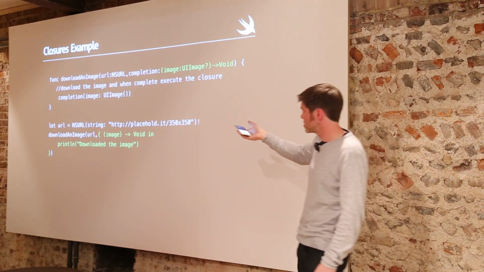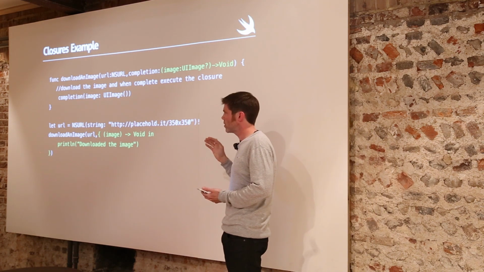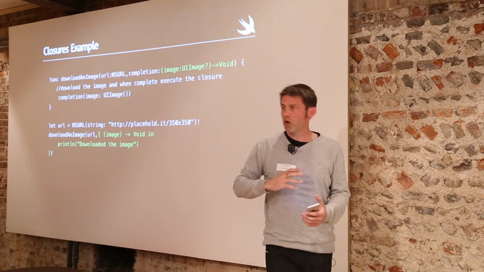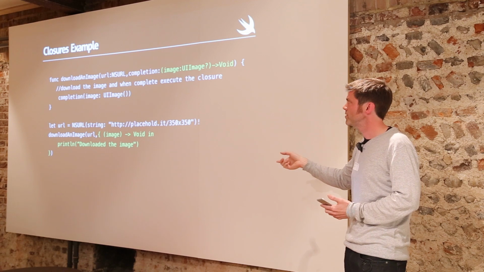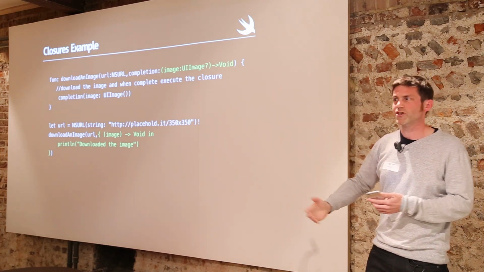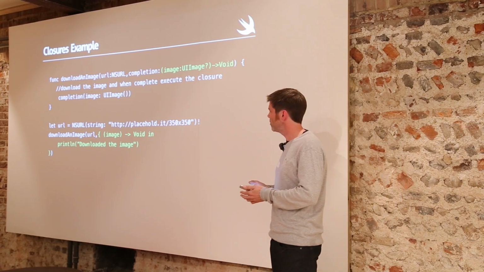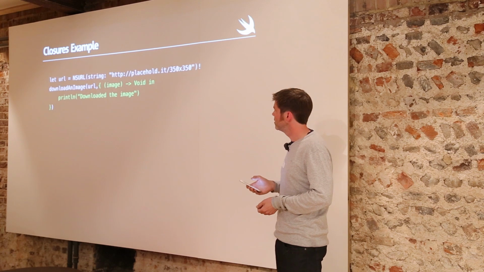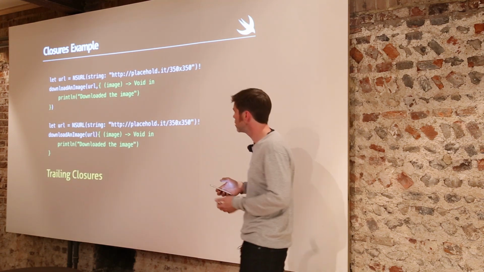So this is us now calling this method. Closures and blocks are often the last parameter passed to a method, because it's like, when you're finished, this is what we want to do next. On that basis, Apple have added something called trailing closures.